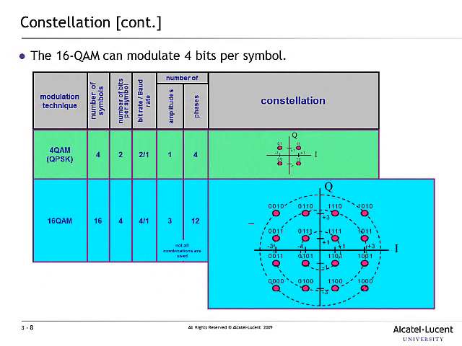Now another possibility is to use something called 16 QAM, or 16 possible phases, and you can see all of them drawn in this IQ diagram. I refers to the in-phase component, Q refers to the quadrature component.